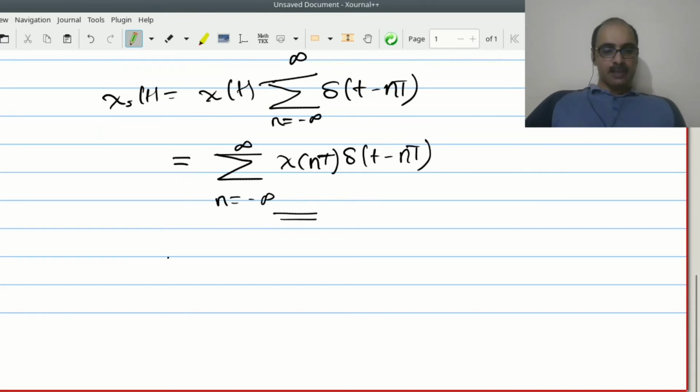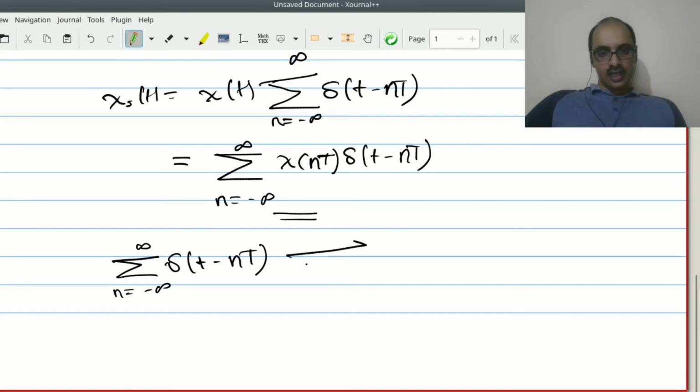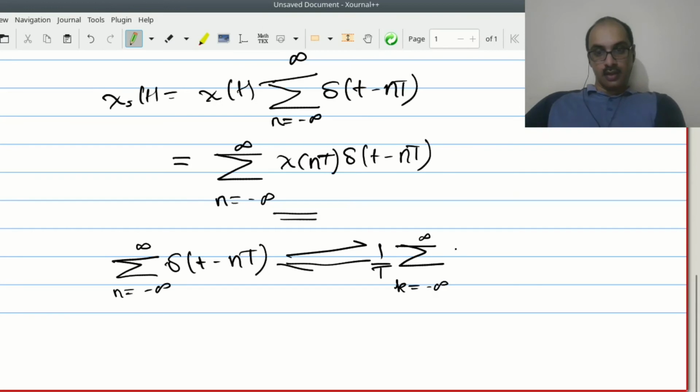How? If you look at the impulse train, it can be represented, as I mentioned, as a series of impulses. The continuous time Fourier transform of this impulse train is, surprisingly, another impulse train.